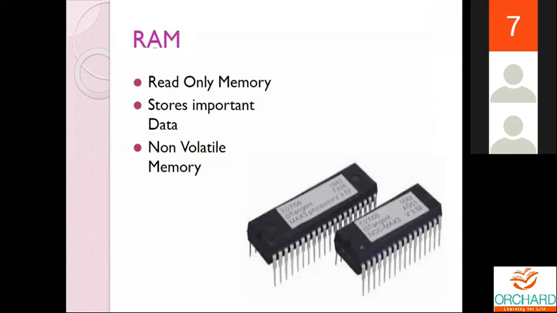That is RAM. Even if you turn off the computer, the data will not be lost. So that is ROM, read-only memory. It is the chip one. So it can store some important data required by the system.